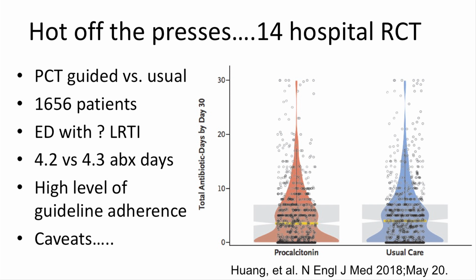Also, these physicians in this trial were a very guideline adherent group. They were not treating for very long, even those patients who were diagnosed with lower respiratory tract infection. So I think what this shows us is that not performance, but mostly the utility of a biomarker is going to vary dramatically depending on what population one applies it to.